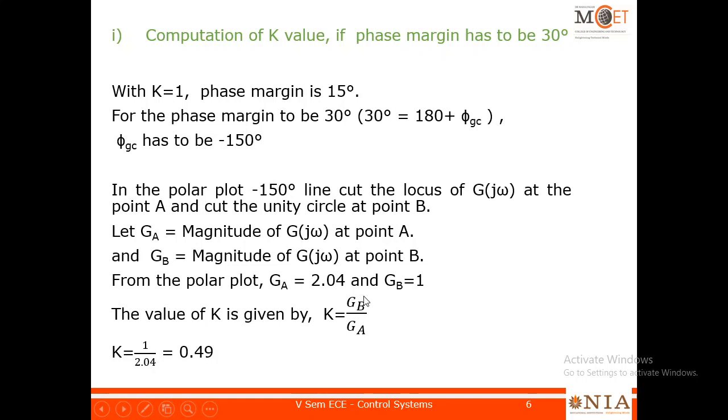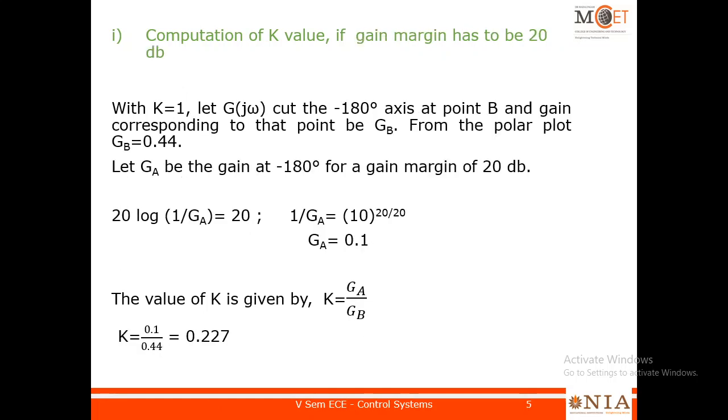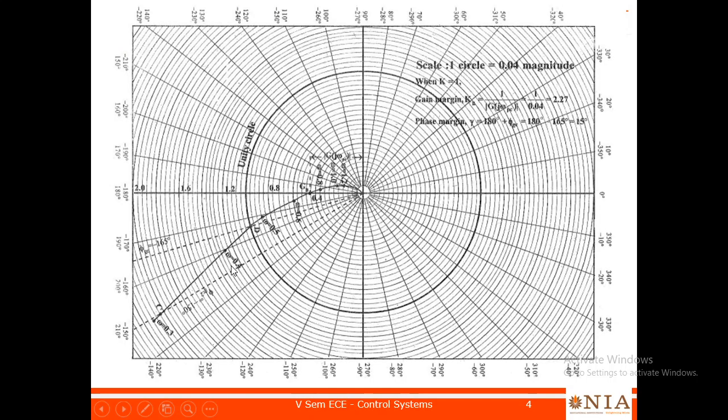This GB value is always 1, because this is the gain where the K equal to 1 graph will cut the unity circle. You can see here where it cuts the unity circle at this point. The gain corresponding to this point is, of course, 1, isn't it?